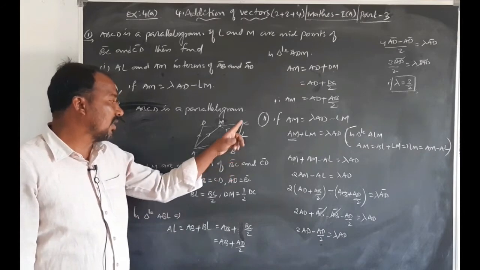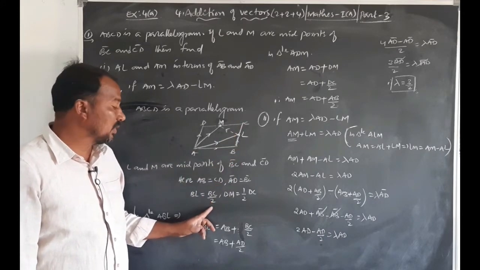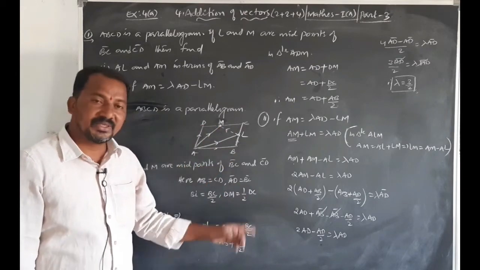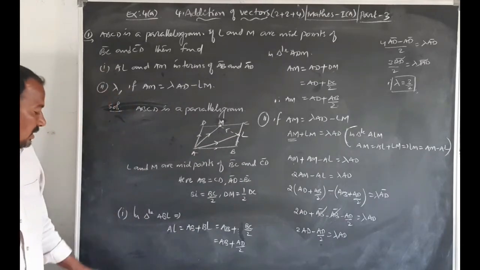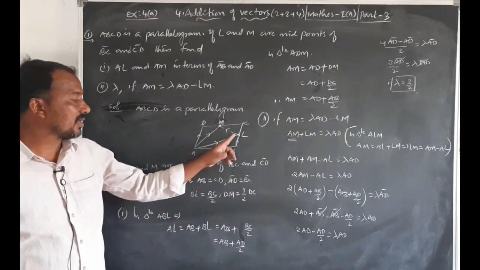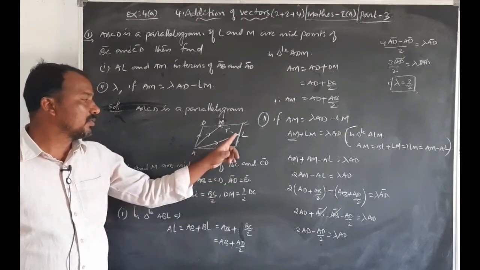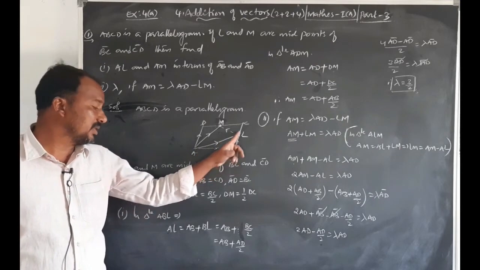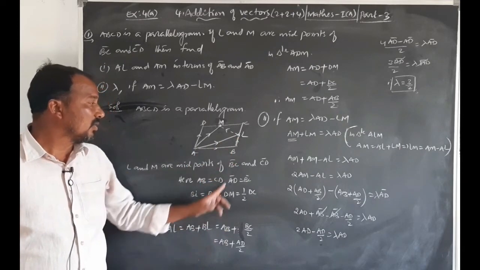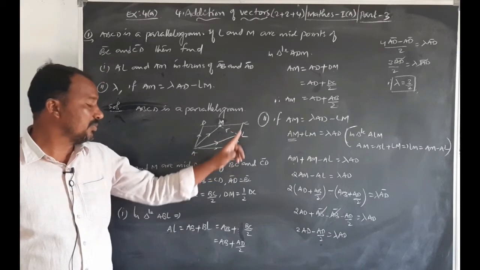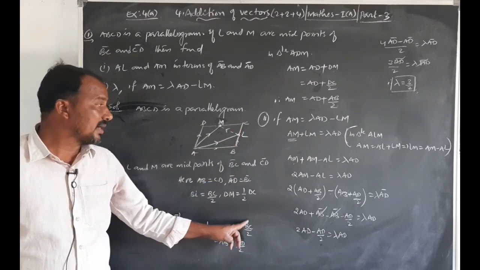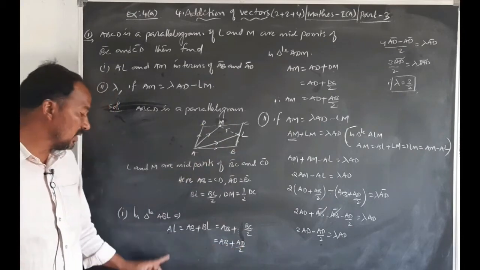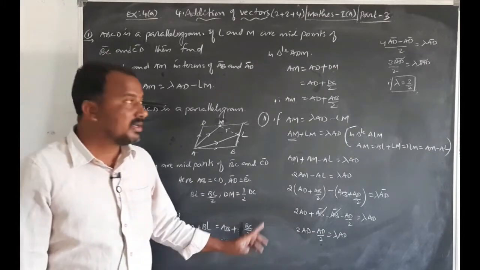BL means half of BC, DM equals half of DC or CD. In triangle ABL, by the triangle law, AL equals AB plus BL. BL is half of BC, and BC equals AD. So AL equals AB plus AD by 2. AL in terms of AB and AD.